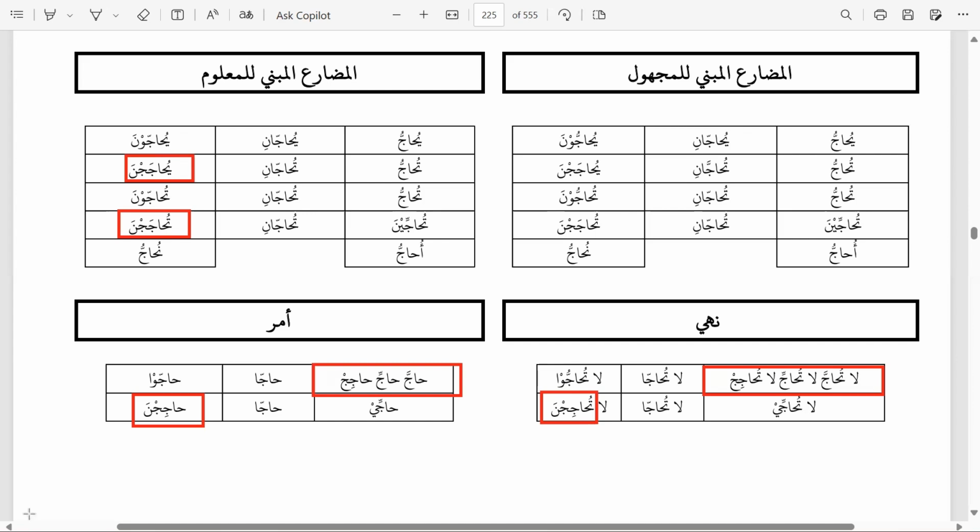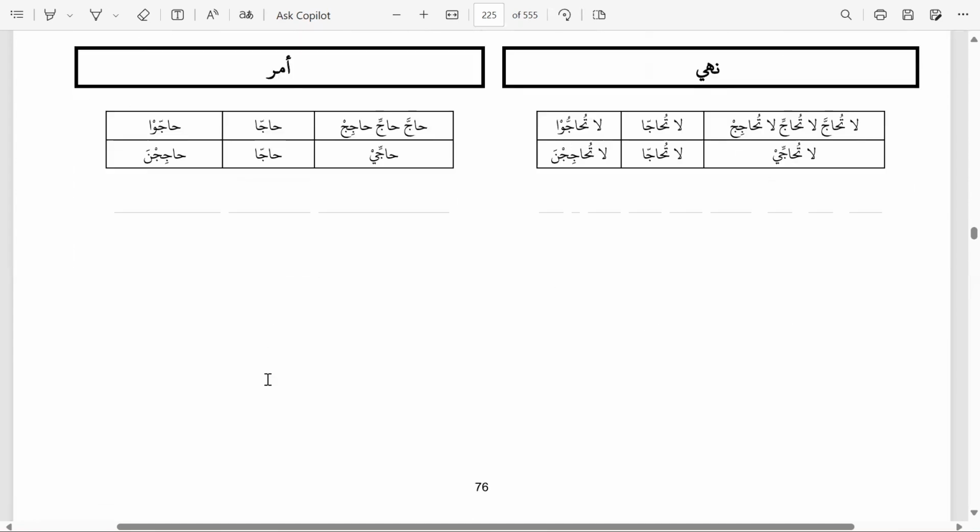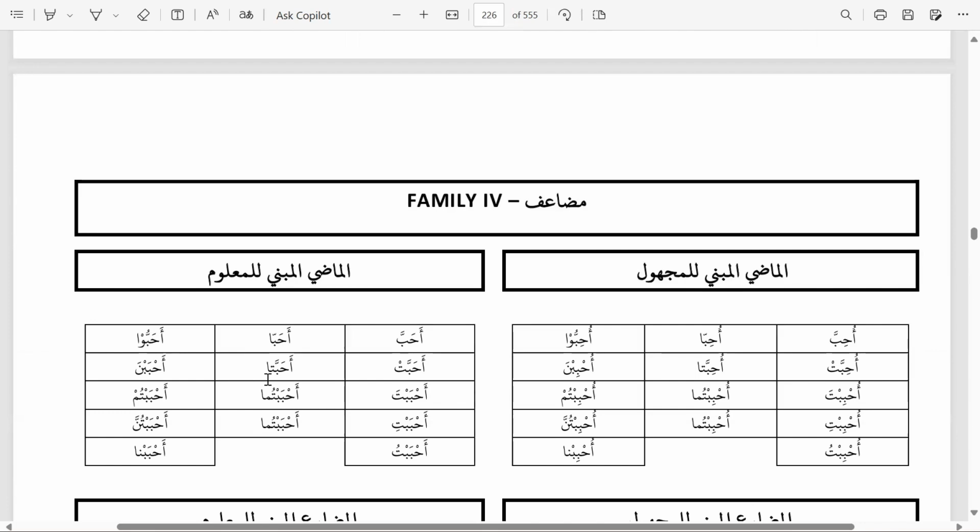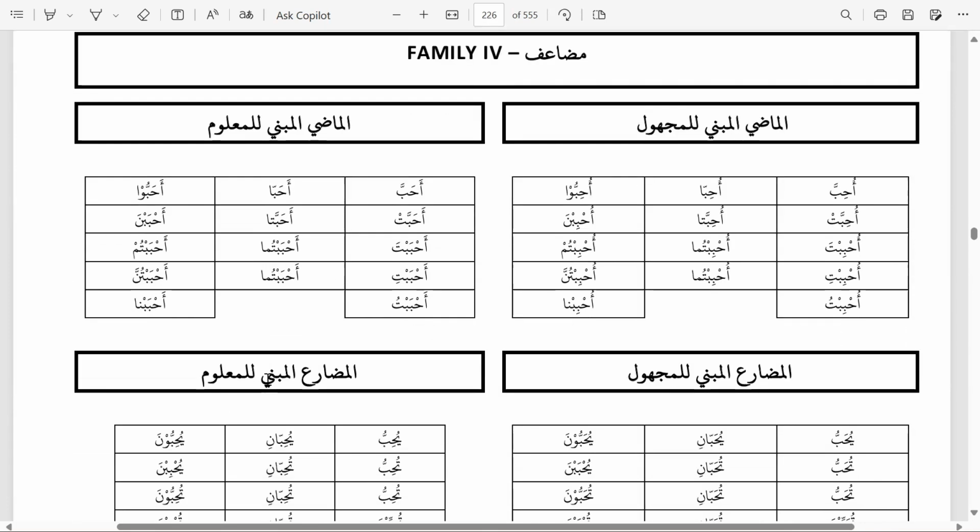Now let's move on to the next family, family 4. In family 4 we just did asarra yusirru. So that's the same. Ahabba yuhibbu.